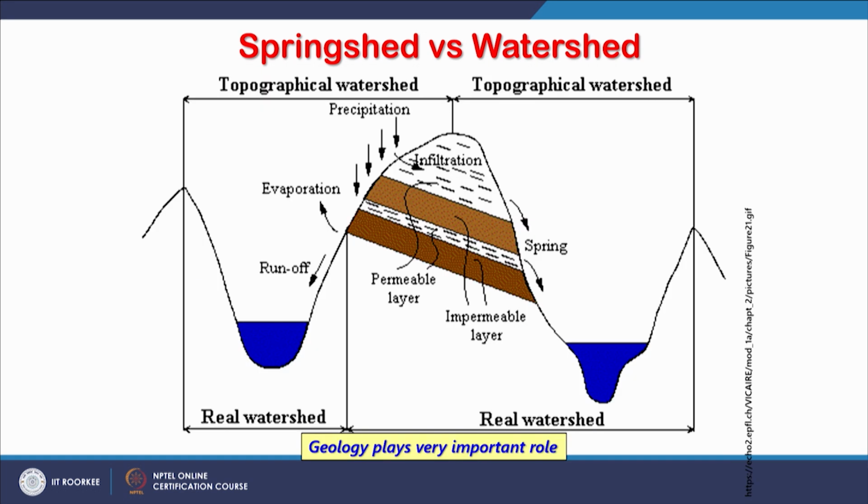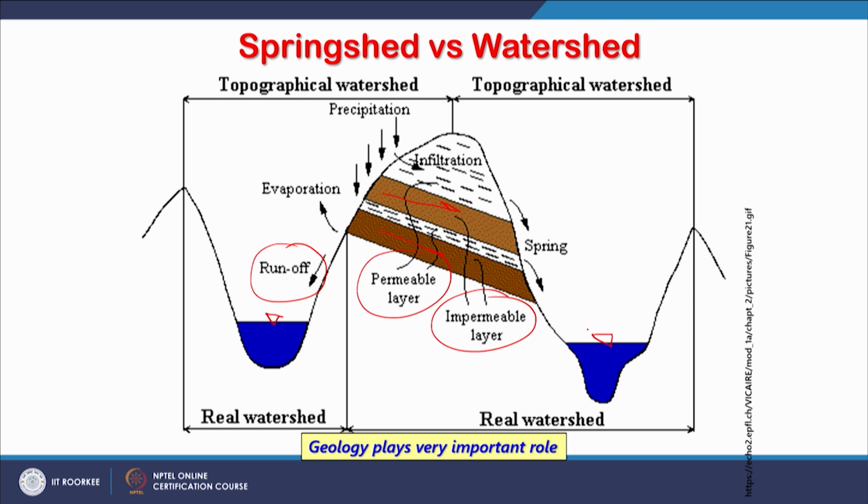Now, here again I am trying to explain the same thing, that here rocks are arranged like this, dipping towards east, infiltration is occurring, springs are formed, and there are permeable layers and impermeable layers. So, runoff is being created and then a stream is formed here, which you can see here.